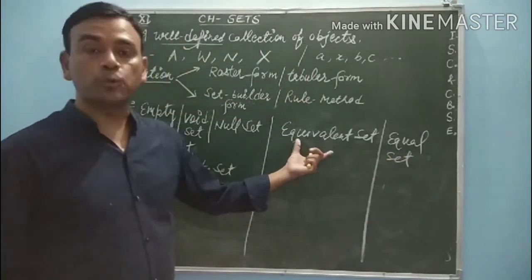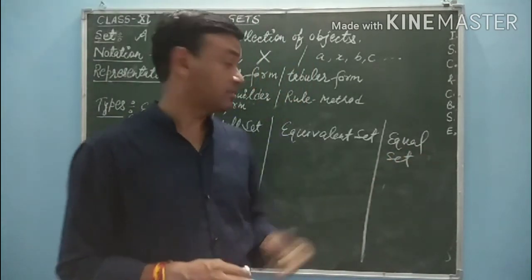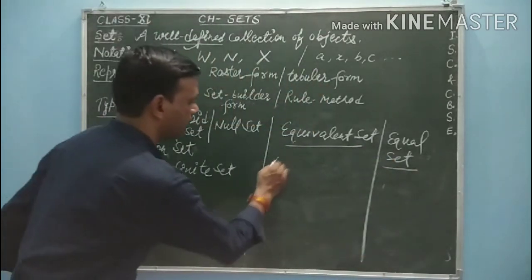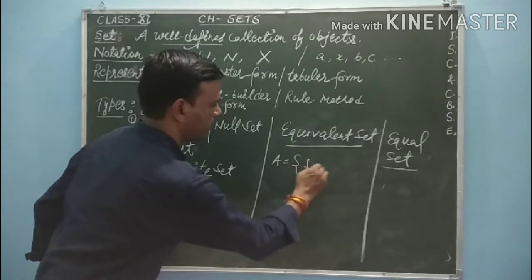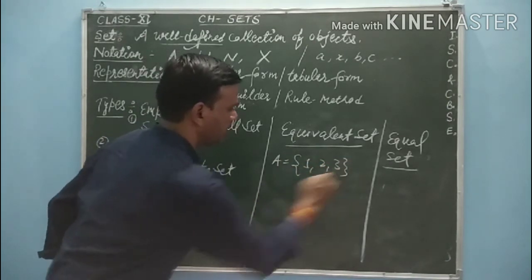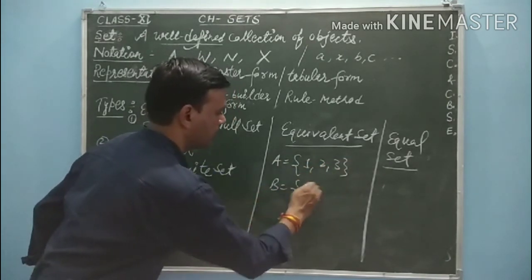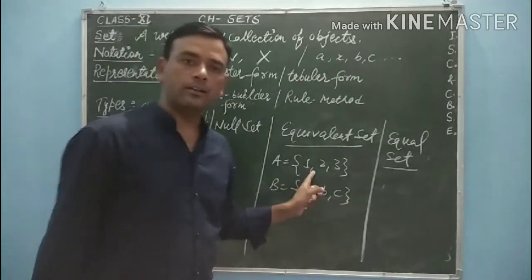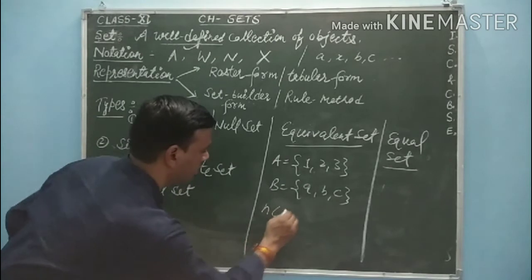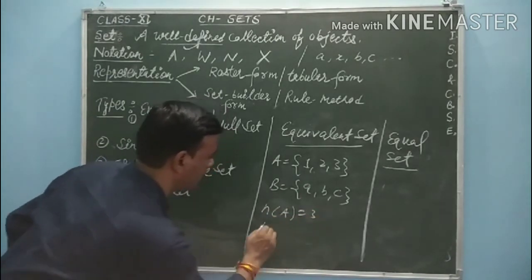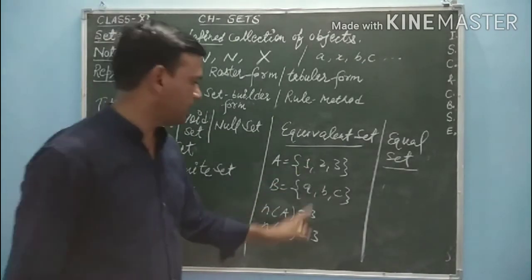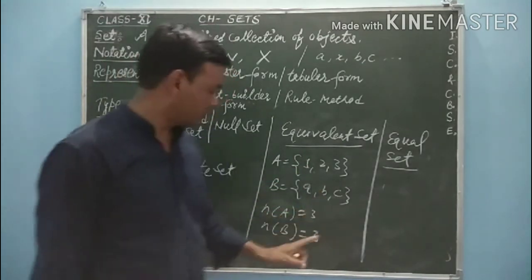These words seem similar, but there is a big difference between these two kinds of sets. Let me take the example A = {1, 2, 3} and B = {A, B, C}. See, students, here the cardinality of set A is 3, meaning n(A) = 3, and n(B) is also 3. The number of elements in set A is 3, and in set B is also 3.